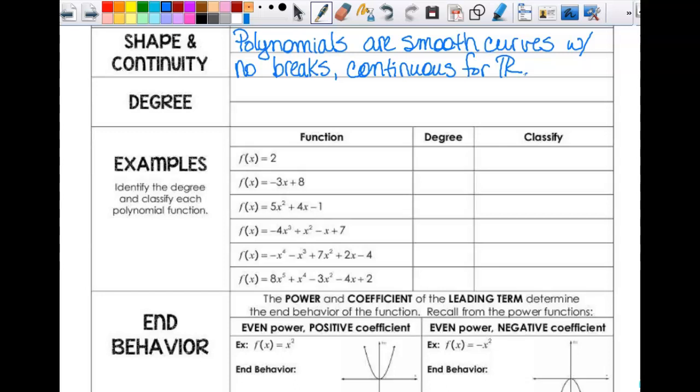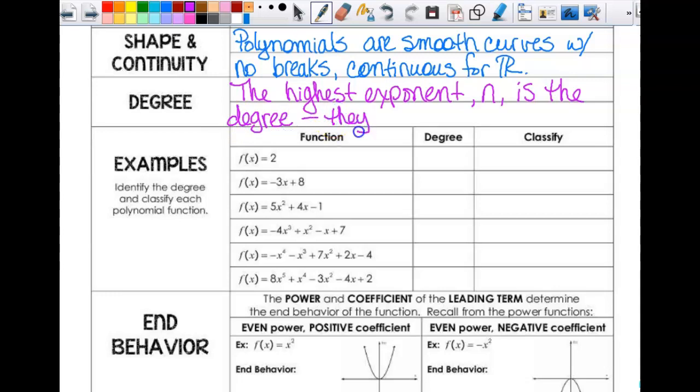Okay. The degree of the polynomial, so the highest exponent, n, is the degree, and then they are classified by degree.